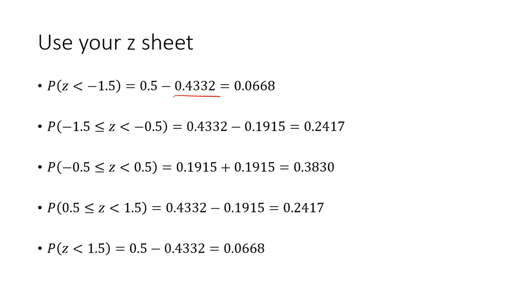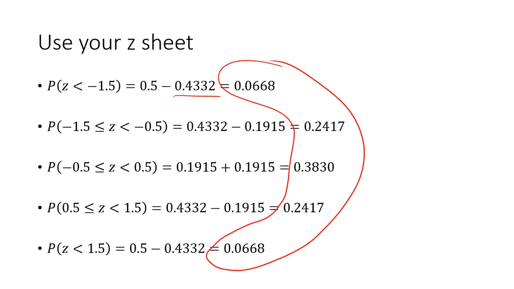Remember, it doesn't matter if it's positive or negative. They are still the same number. 0.5 is 0.1915. And as you see, it goes down and we calculate each one. All of those numbers are your percentages for each category.